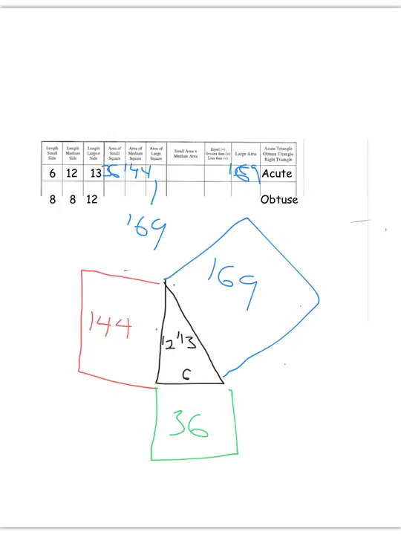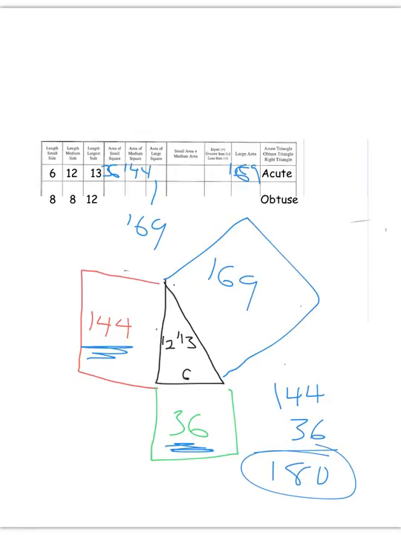Now if I add the area of the small and the medium square, 144 plus 36, that gives me 180. So the small area plus the medium area is 180.